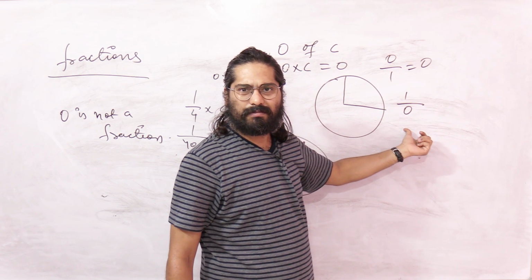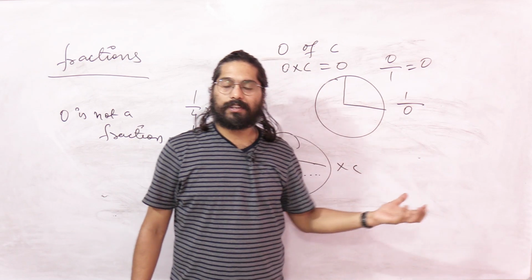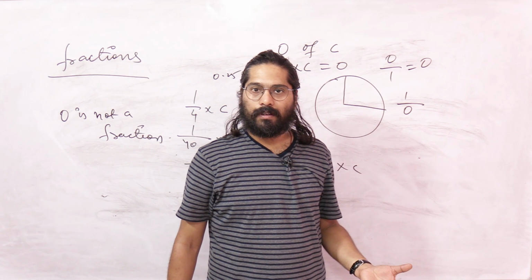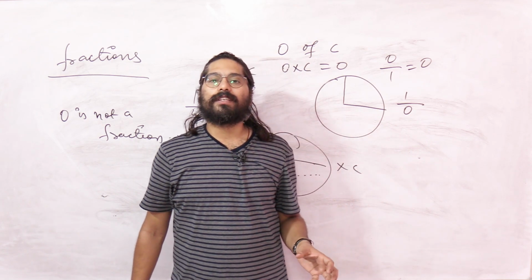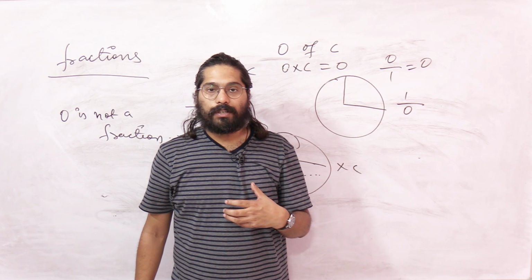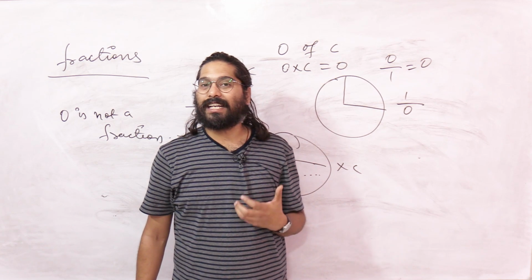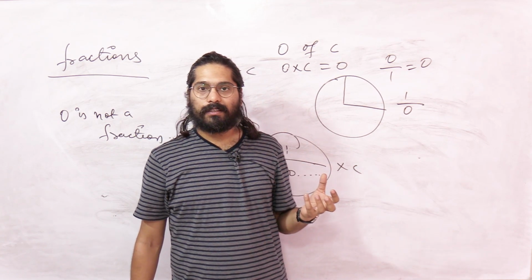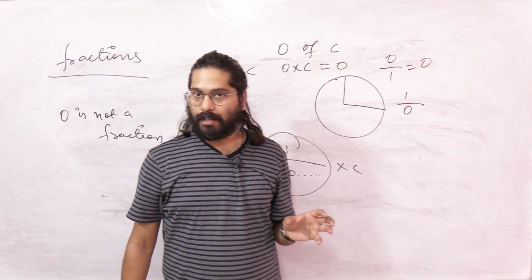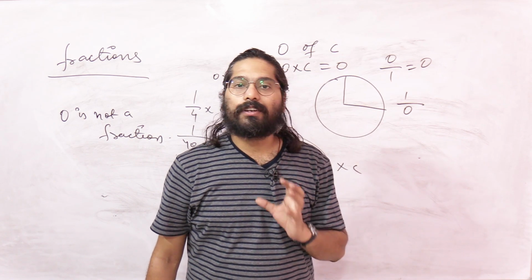This ratio is just undefined, because the denominator should not be 0 for a ratio to be defined, for a fraction to be defined. So 0 is definitely a rational number, 0 is definitely an integer, but 0 is not an ordinary integer. 0 has special qualities attached to it, and hence 0 is not a fraction. 0 is just a number, and you know what kind of number 0 is, but 0 is definitely not a fraction.